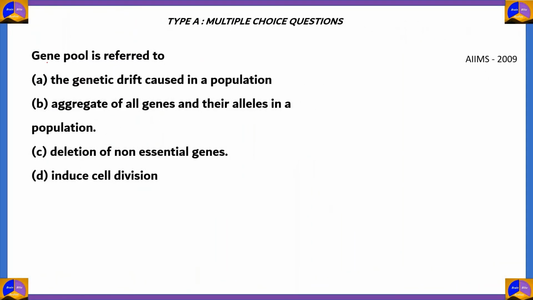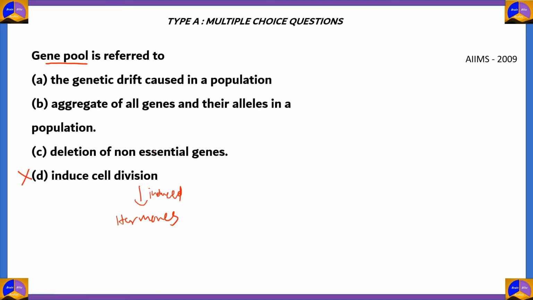Next question. Gene pool is referred to as one of the four options. We need to find out which is which. Option D, induce cell division. Cell division is induced by hormones. So gene pool does not refer to the induction of cell division. So option D is incorrect.